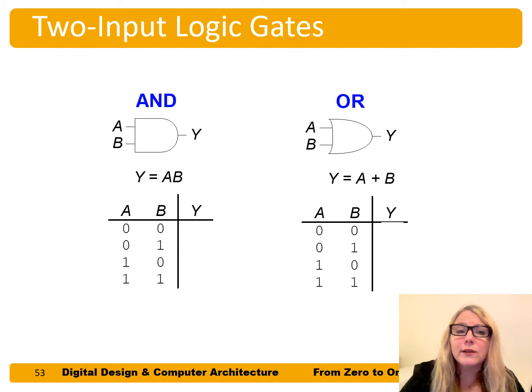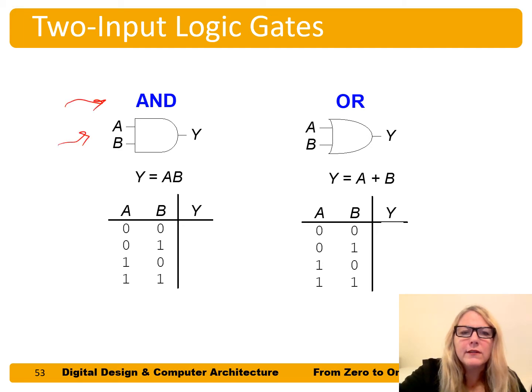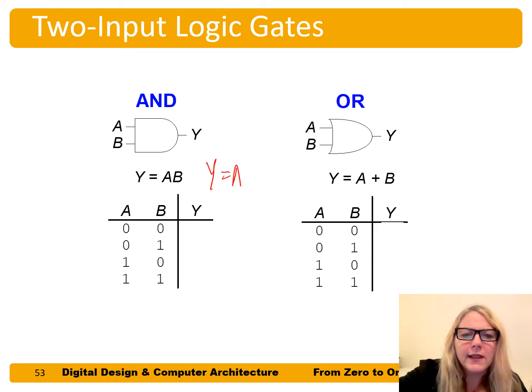We can also have two input logic gates. Here's our AND gate and our OR gate. We have, again, our name of the gate, the AND gate, symbol, which has a flat line here and a curved line on the output. Equation, y equals A and B. We could write that as y equals A, AND symbol, B. This is the AND symbol, but just like in multiplication, we've overloaded that multiplication symbol.